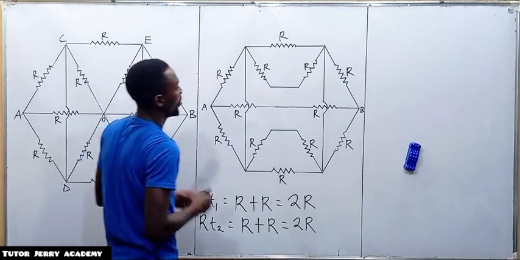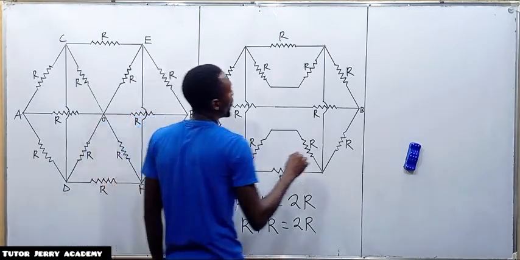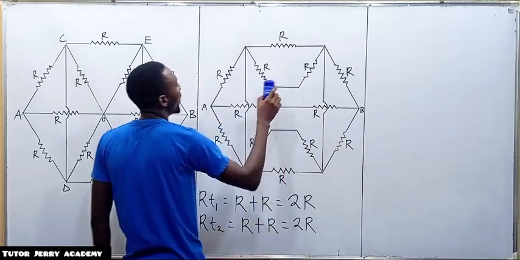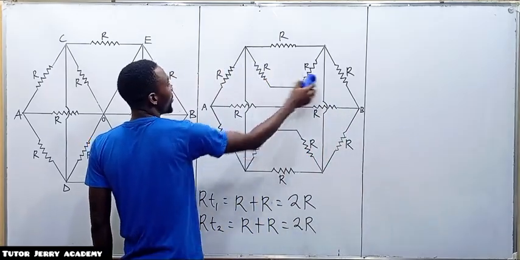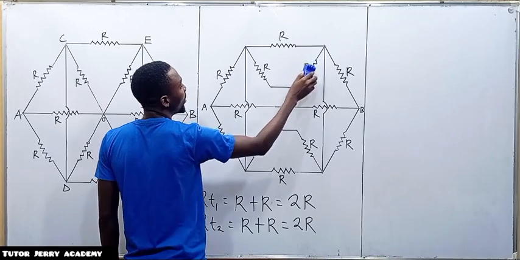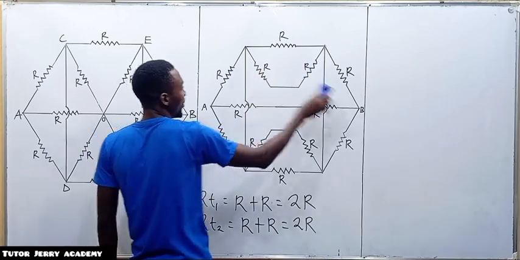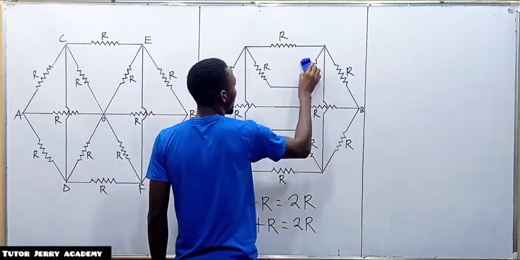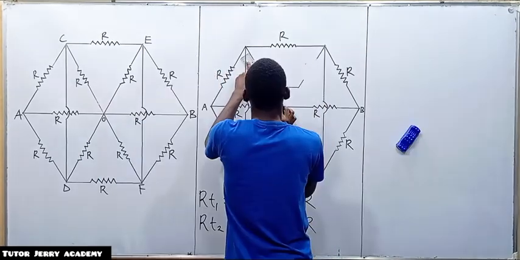So therefore we can combine, since we have combined these two to give us 2R. So let's clean what we have here and just combine them straight. Let's just draw them straight.